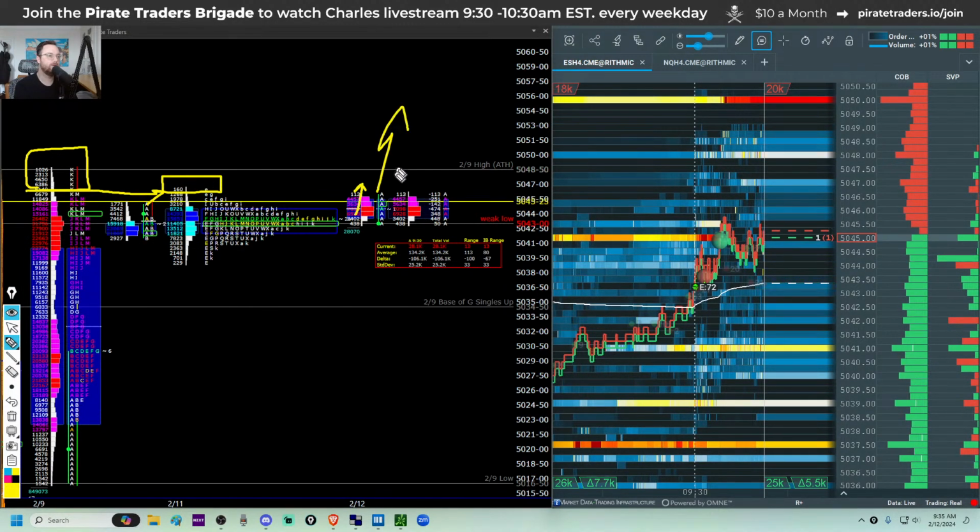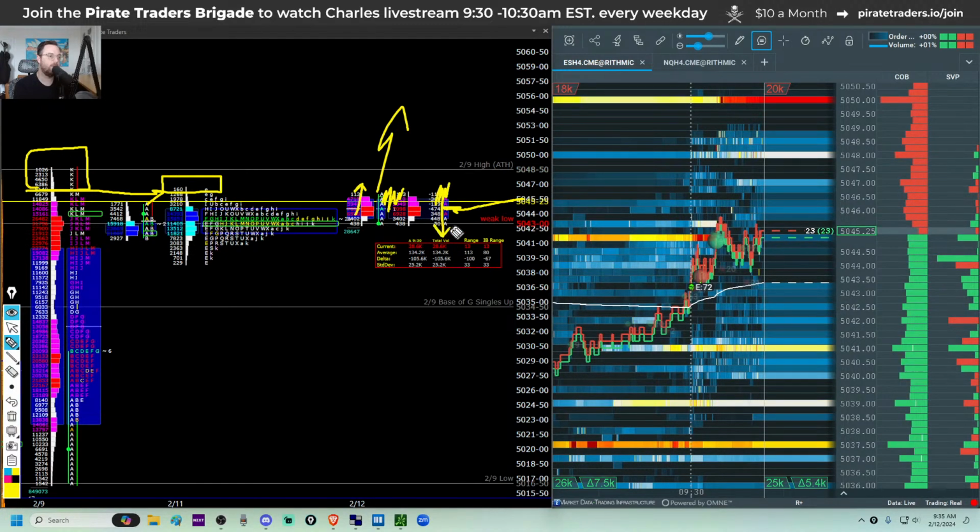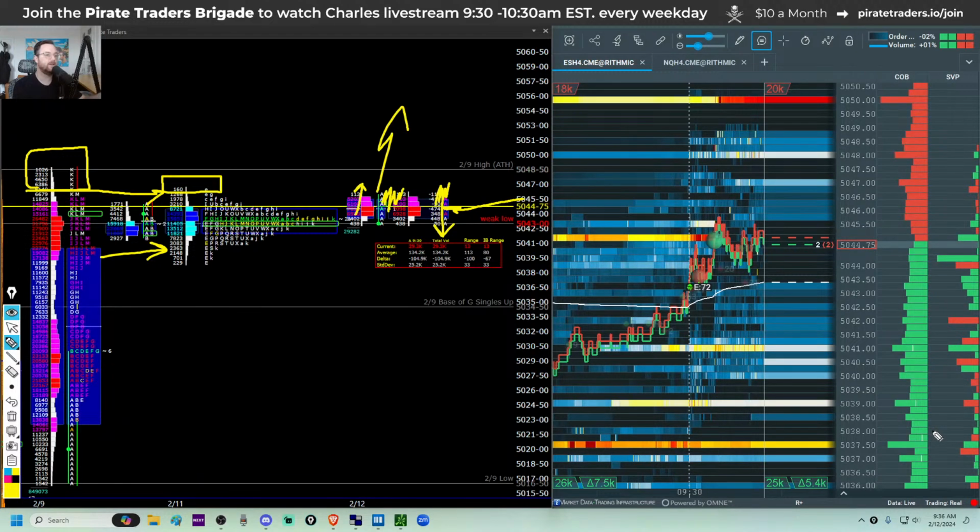Does it poke right through or does it get resistance? Is it kind of like getting smacked down there? If it's getting smacked down, the next thing we look for is support at the halfback. I realize today they're very close together because it's such a tight range, but that's what we're looking for, support at the halfback. As long as that holds, they'll keep poking at the resistance, right? But if it fails, they come back down for the week low, and then we look for support down here. And we just watch how it pushes into support, pushes into resistance, what happens at the halfback. We just keep watching.